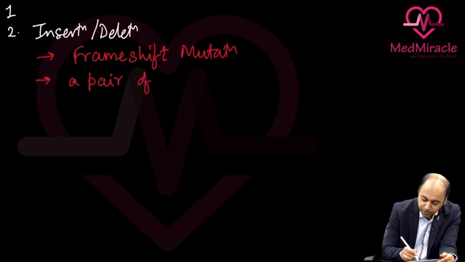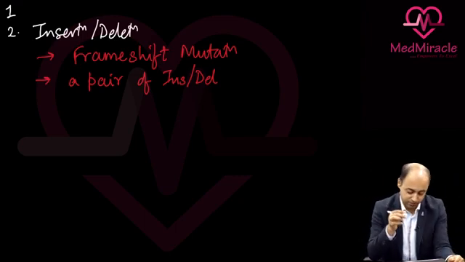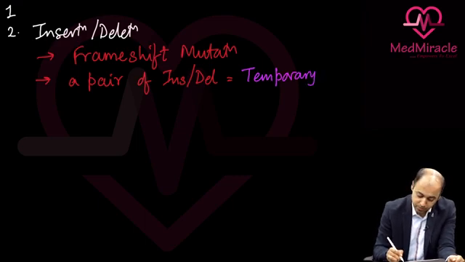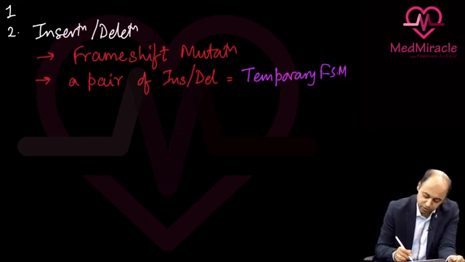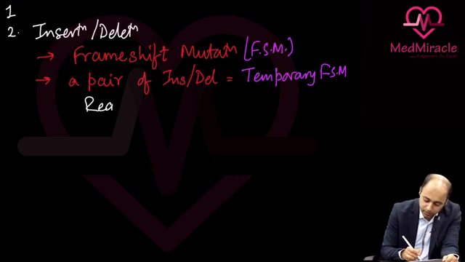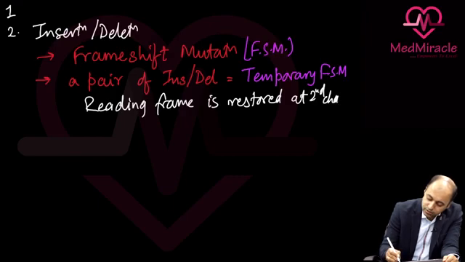When you have a pair of insertion and deletion, meaning one insertion followed by deletion, or one deletion followed by an insertion, then you get a temporary frame shift mutation, meaning the reading frame is restored at the second change.